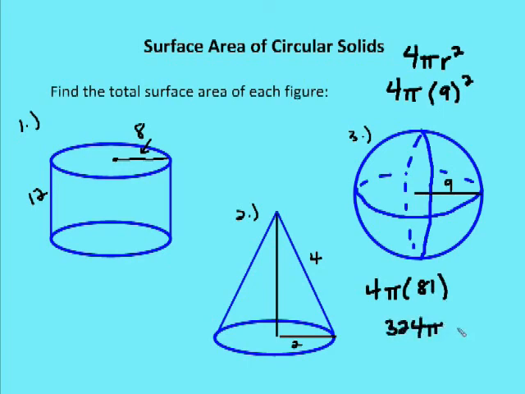And I really should be writing units squared here, units squared. All right, so surface area of a sphere, 4 pi r squared, 4 pi times the radius squared, 9 is the radius, 9 squared is 81, 4 times 81, 324, 324 pi units squared is our answer for the surface area of a sphere.